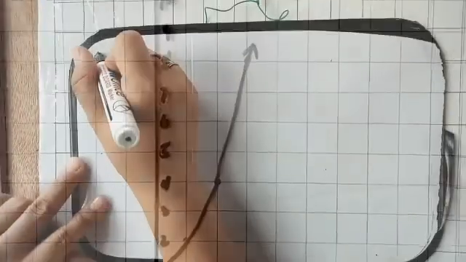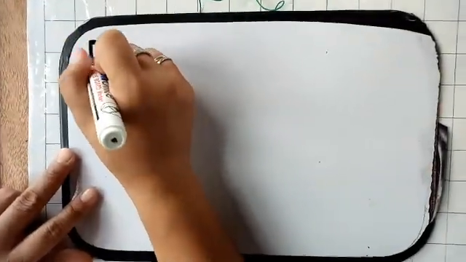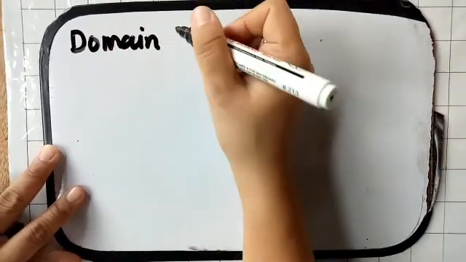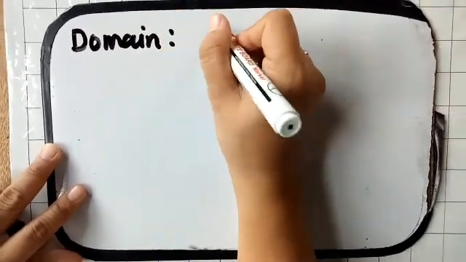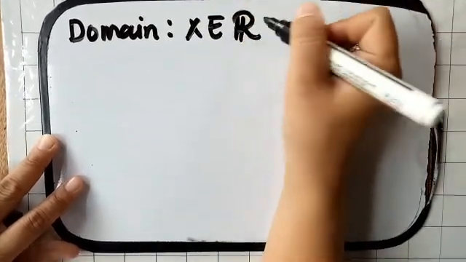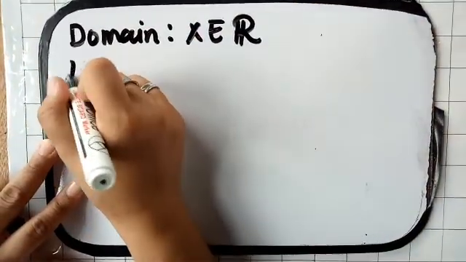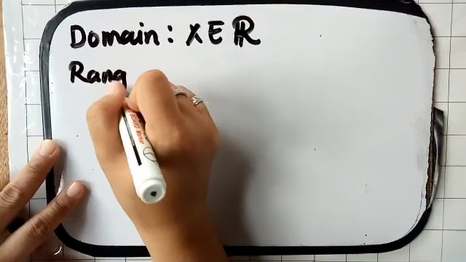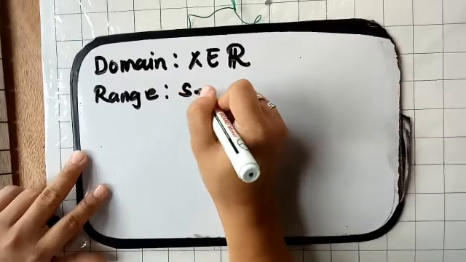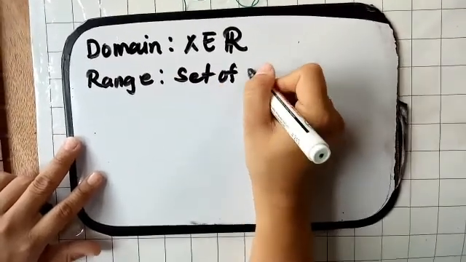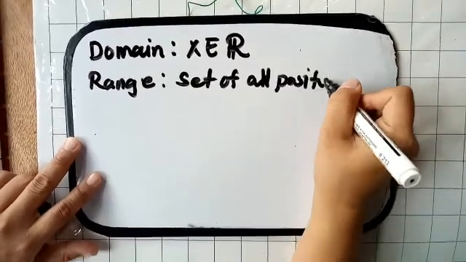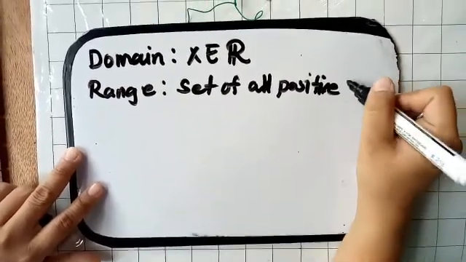In the graph, the properties are the following. So our domain based on the graph, all elements of x are real numbers. Then the range are the set of all positive real numbers.